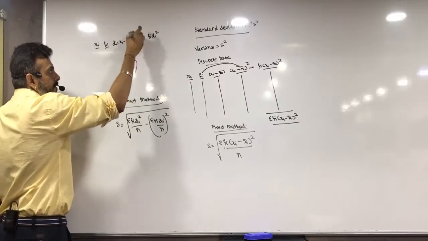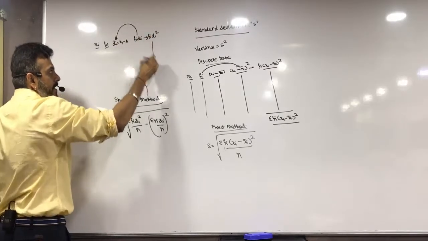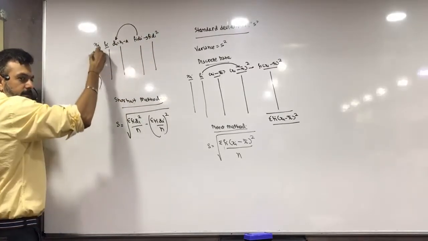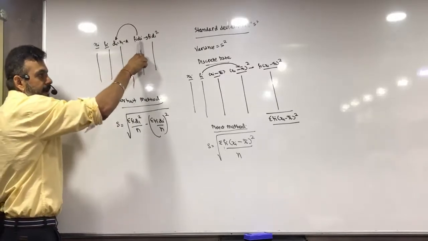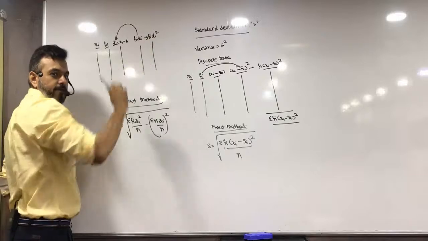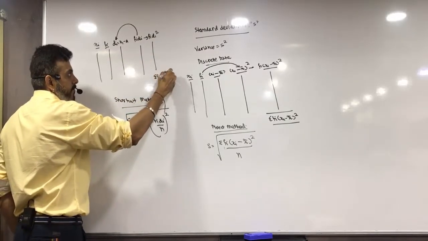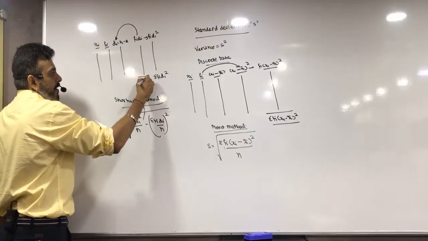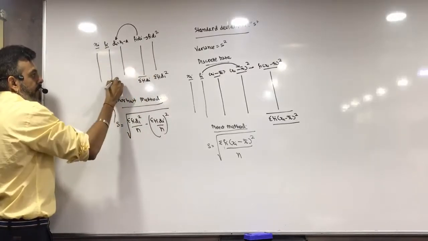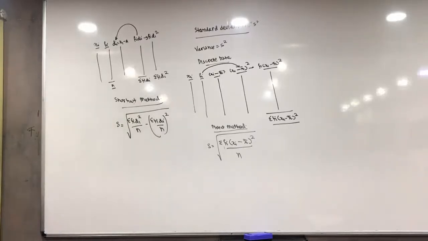That means fi di into di is fi di square, so di into di is di square. Once you get sigma fi di square and sigma fi di, and n is the number of observations, you directly get the answer.